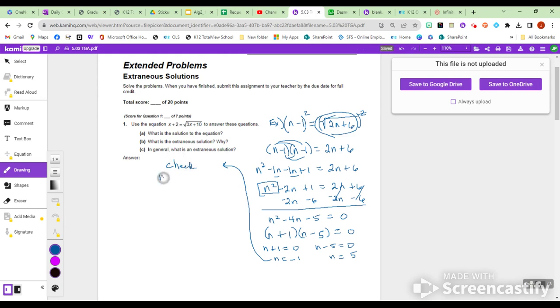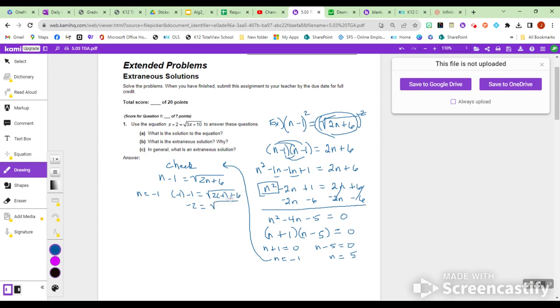My original equation was n minus 1 is equal to the square root of 2n plus 6. So I'm going to check my n equals negative 1 by plugging negative 1 into all my n's. That's going to look like this. Negative 1 minus 1 equals the square root of 2 times negative 1 plus 6. Negative 1 minus 1 is negative 2.